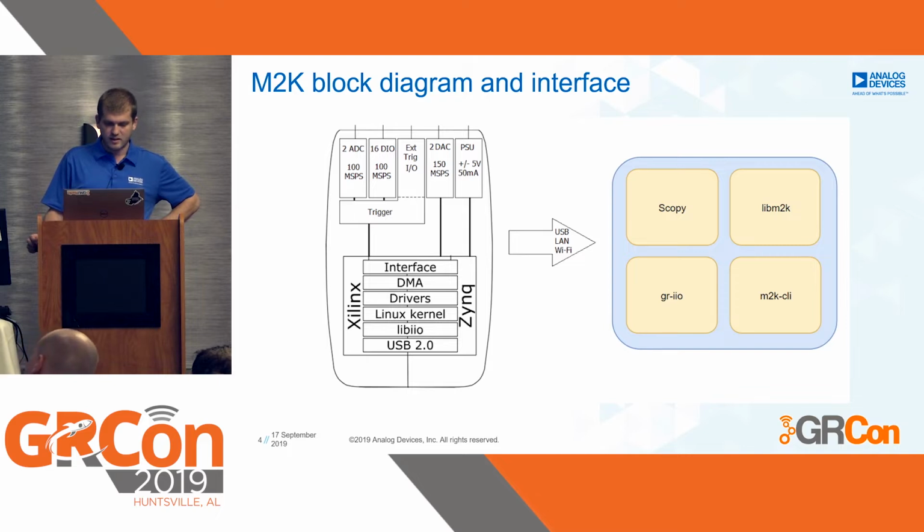It has 16 digital input-output channels at 100 megasamples per second. It has a trigger mechanism which supports both internal and external triggering. It has a two-channel DAC which is synchronized at 150 megasamples per second. And it also has a plus minus 5 volt power supply.